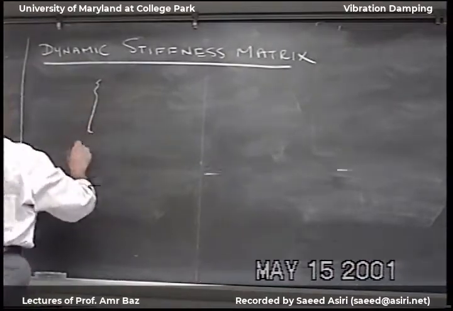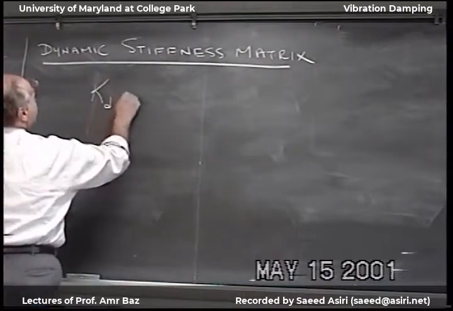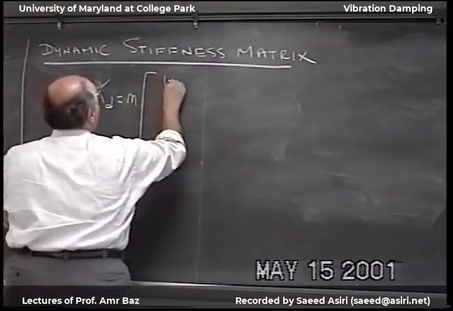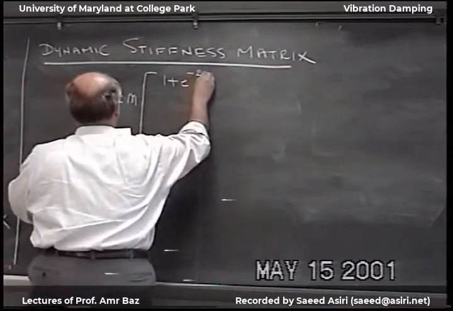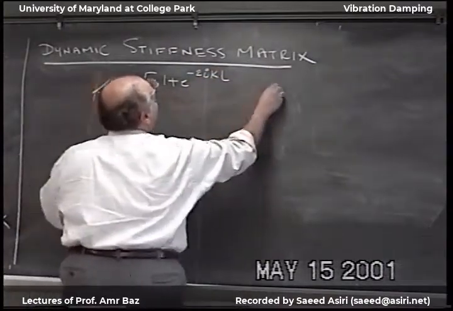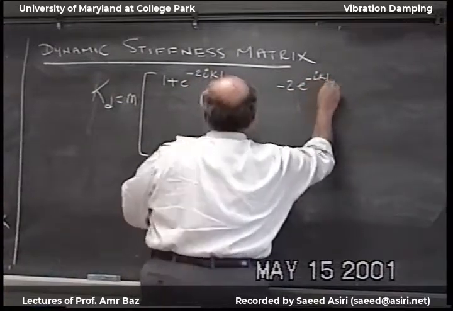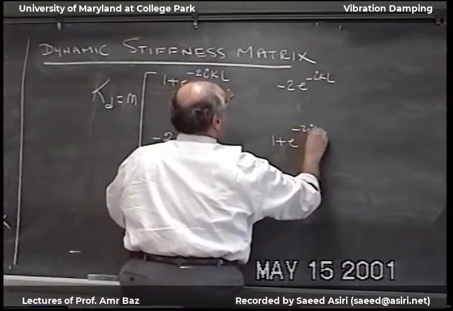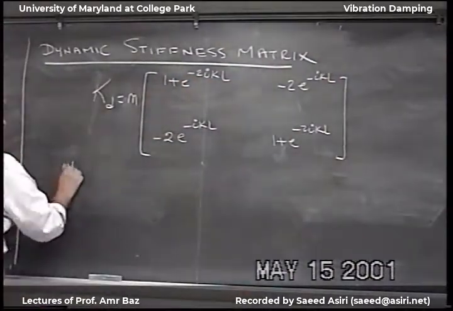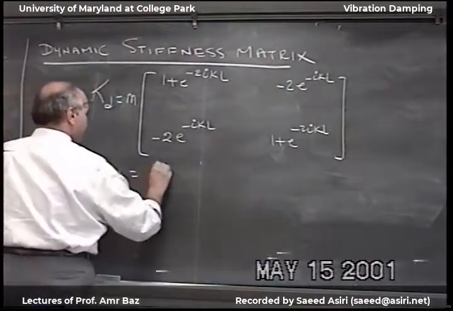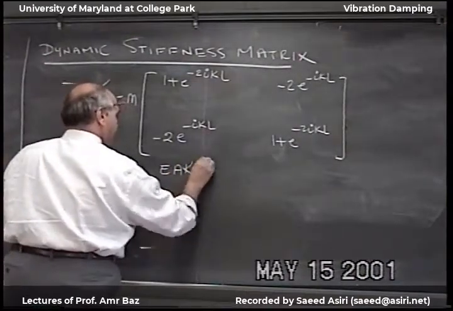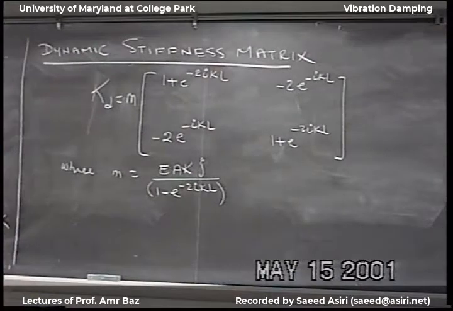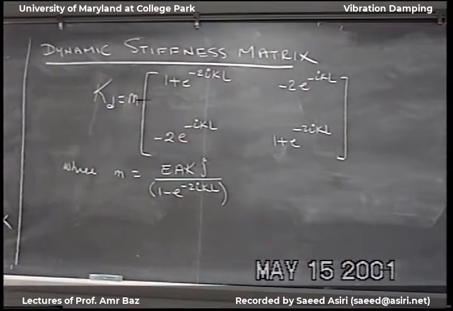If you divide by the delta squared, the final result looks like this: 1 plus e to the minus 2ikl, minus 2 e to the minus ikl, minus 2 e to the minus ikl, and 1 plus e to the minus 2ikl, where the M is equal to this.